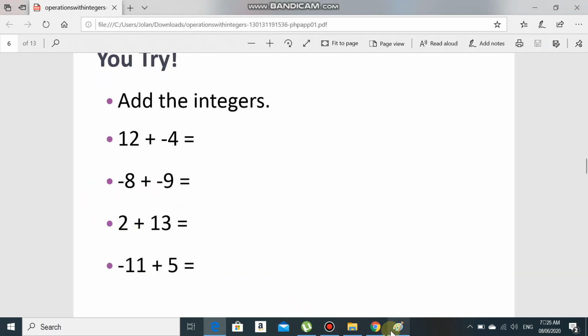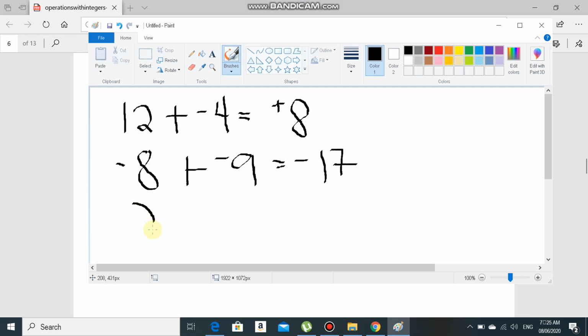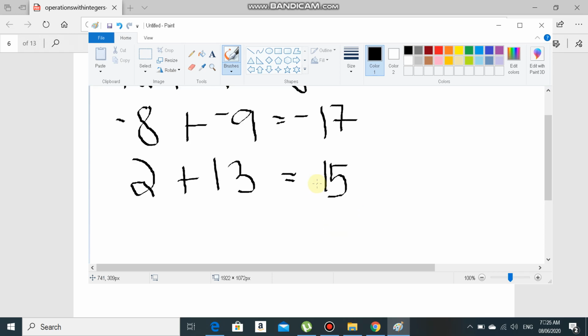Third, we have 2 plus 13. Both numbers are positive, so we use the first rule, which is to just add them. So 2 plus 13 is 15.